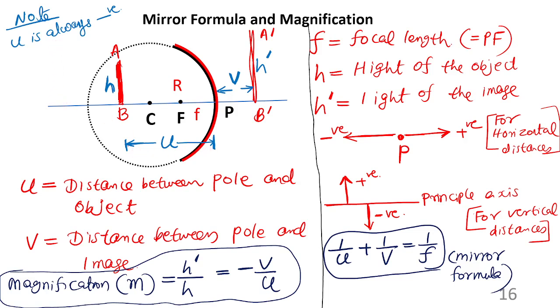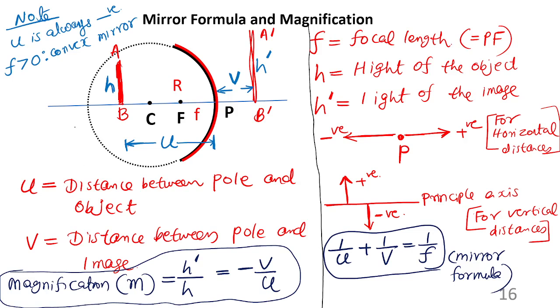Another point: f will be positive in the case of convex mirror. For convex mirror as well as convex lens, f will be positive. What is the reason why f is positive?